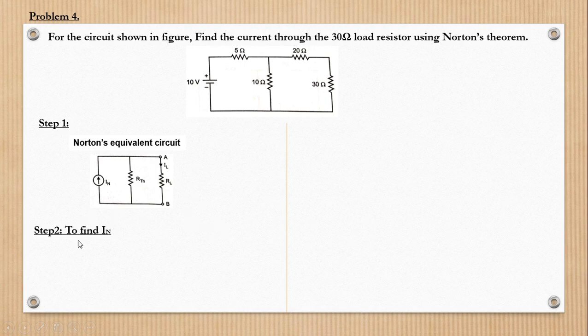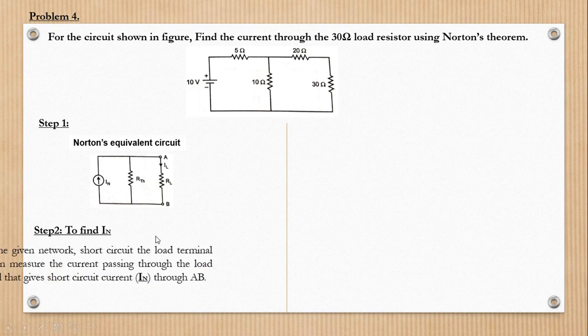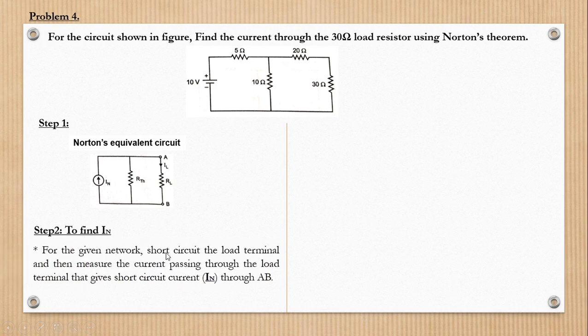Step 2 is to find the value of IN. IN stands for Norton's current. For the given network, short circuit the load terminal and then measure the current passing through the load terminal. That gives short circuit current through terminals AB. Short circuit current is nothing but Norton's current.